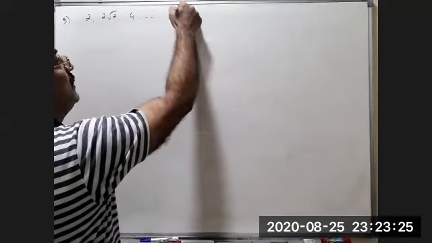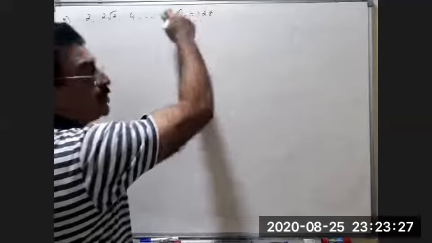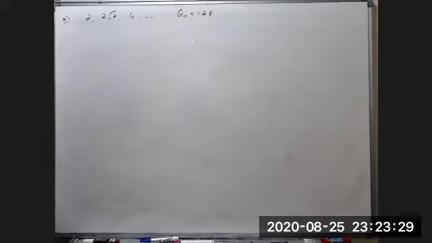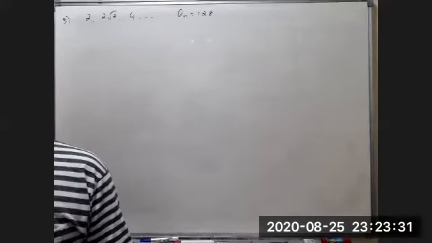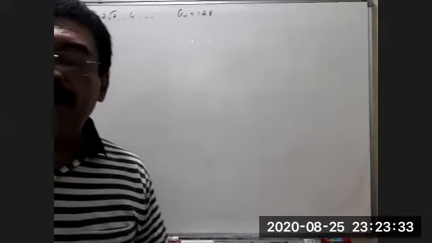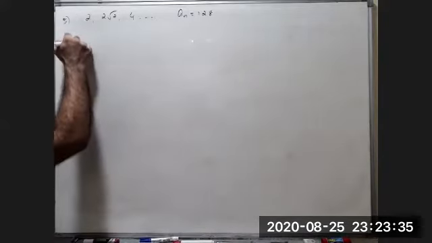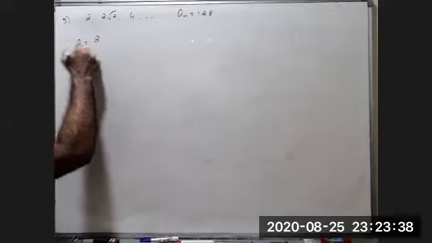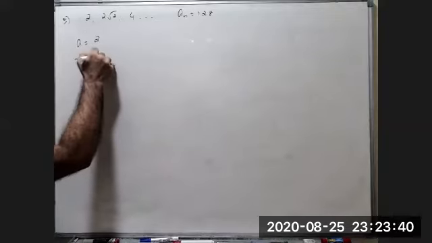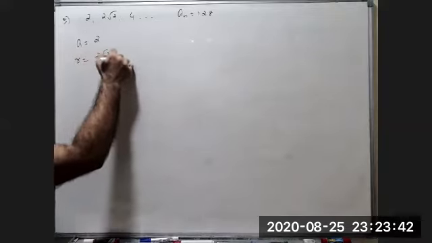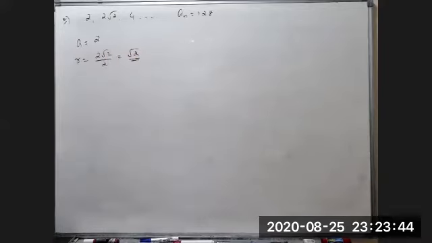The last term is given, so we need to find which term, that is, the number of terms. Whenever a GP is given, the first thing is writing A and R. What is A? A is 2. R is 2 root 2 by 2, which is root 2.